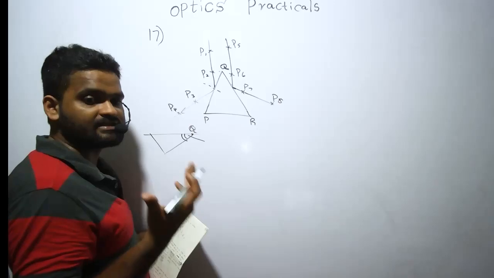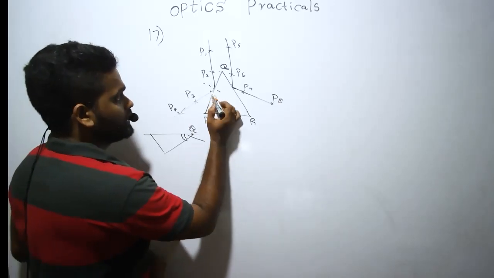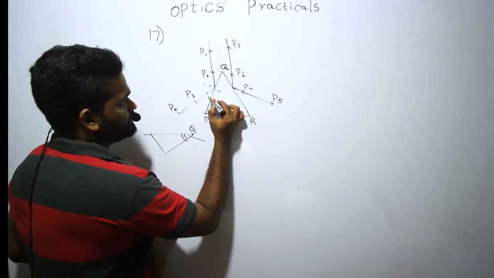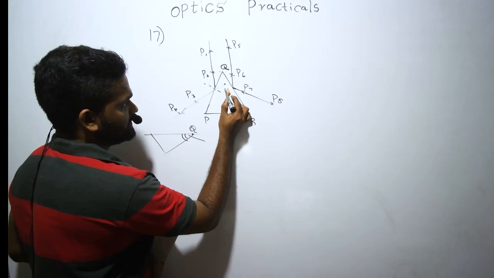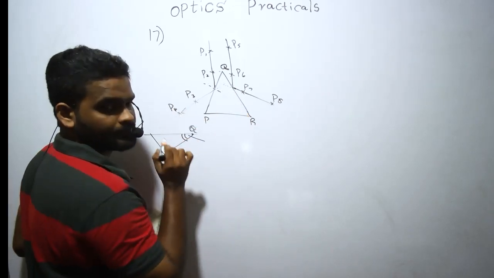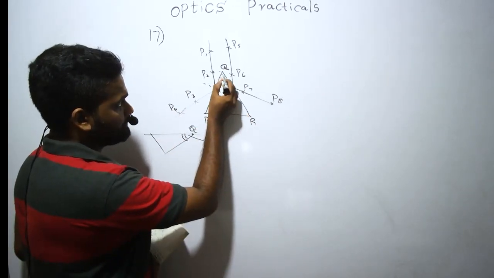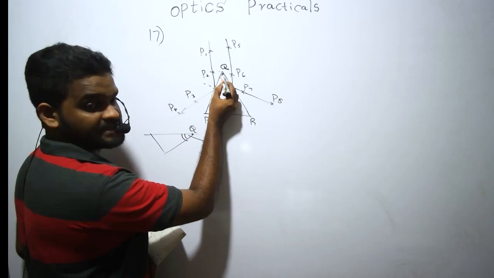Then you can do the necessary drawings. So the drawing we are going to do is, you have to extend this line here. If the prism angle is capital A, it is here, right?